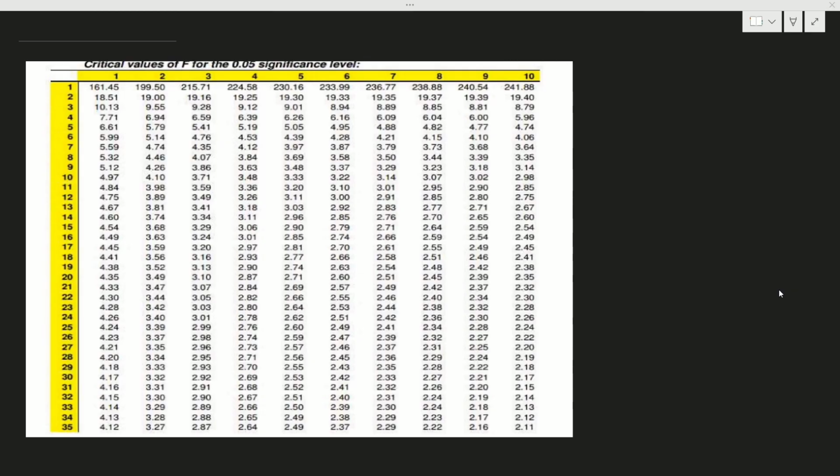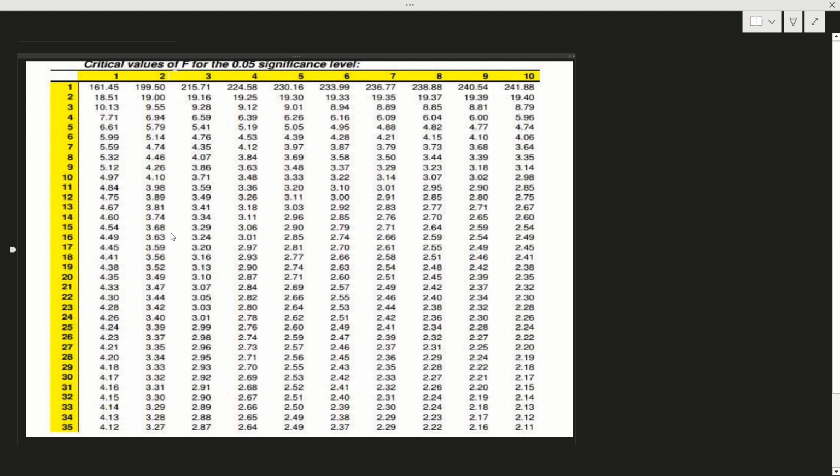As I said, nu 1 is 2 and nu 2 is 15, so we look at the second column and the 15th row.